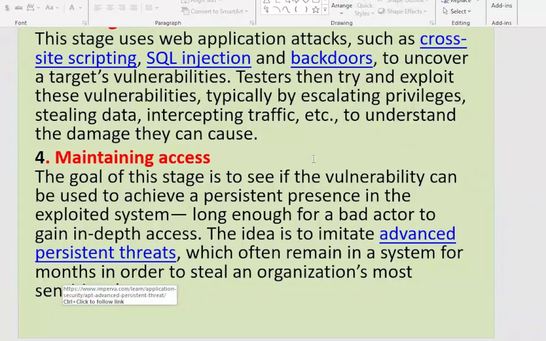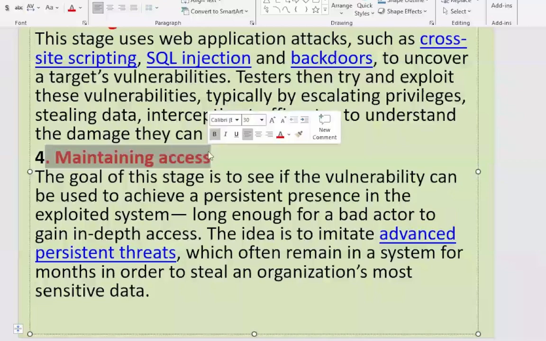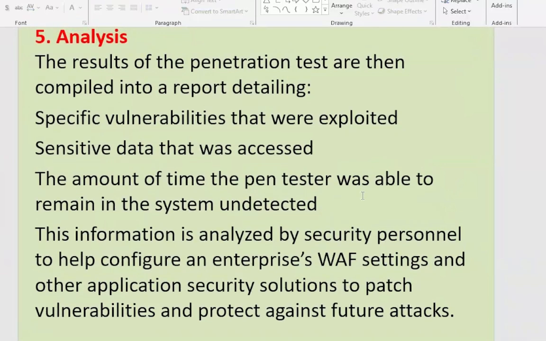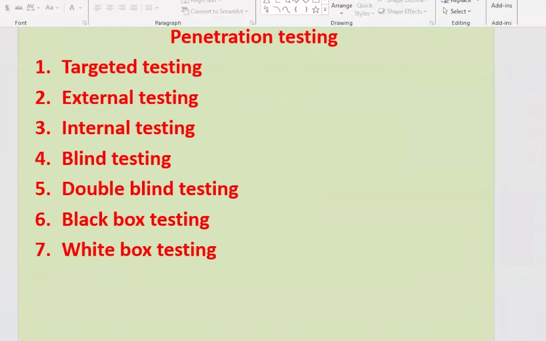Fifth is analysis. What is this? The results of the penetration testing are then compiled into a report detailing the findings. Penetration testing is mainly categorized into seven subcategories: targeted testing, external testing, internal testing, blind testing, double blind testing, black box testing, and white box testing.